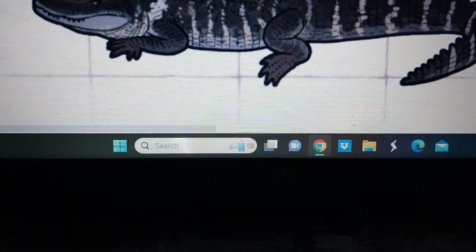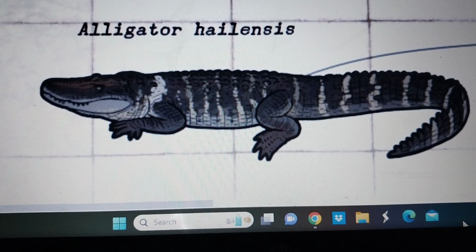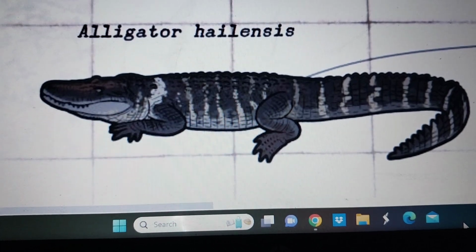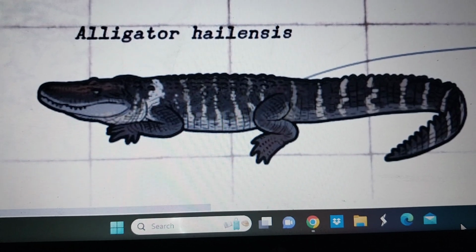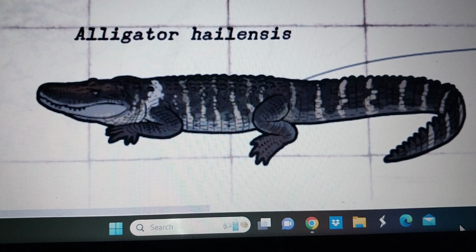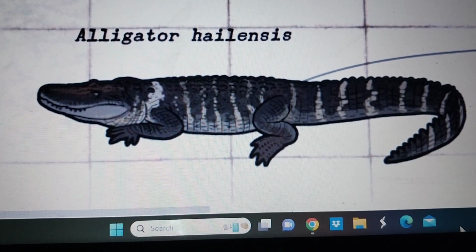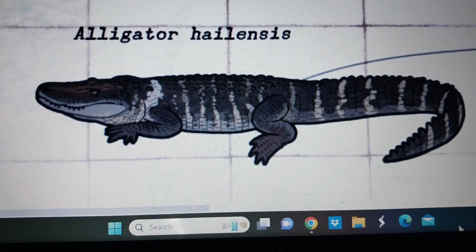Its age and skeletal morphology is intermediate between the geologically older alligator Mephilarida and the modern American alligator, making it a transitional fossil.